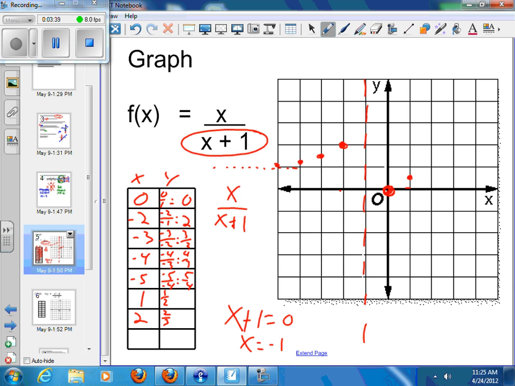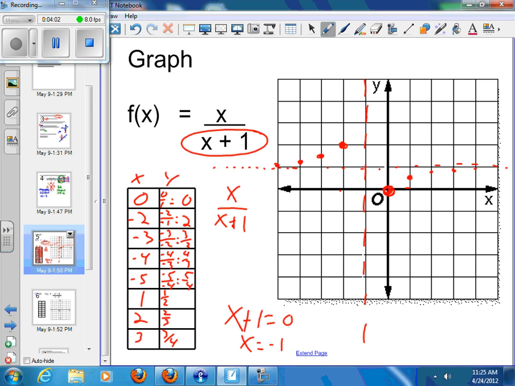So at 2, I'm at 2/3. At 3, I'm going to be at 3/4. At 4, I'm going to be at 4/5. And again, I'm going to have this asymptote go in this direction also on this graph.